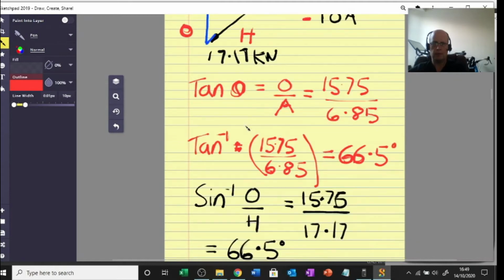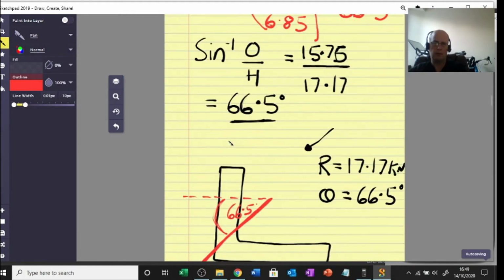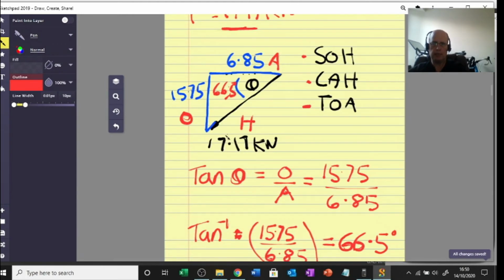We know the size of it is going to be 17.17 kilonewtons, and the angle in here is 66.5, because that's the angle we worked out.